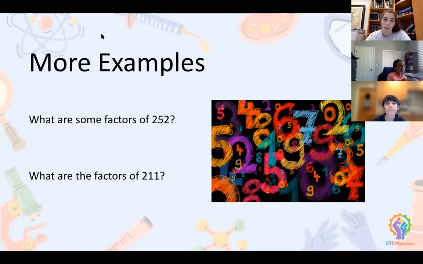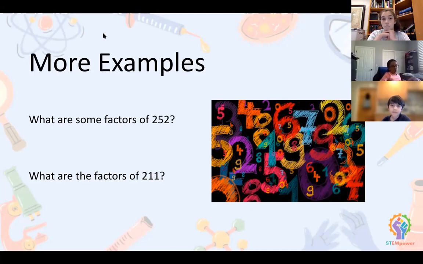So more examples. Do you know any of the factors of 252? 2. Yep. You can always start with 1, because 1 is always going to be true. And then what is 252 divided by 1? 252. Yeah. So two of the factors that you can even start with are 1 and 252.